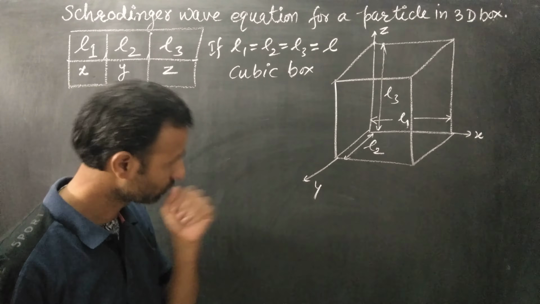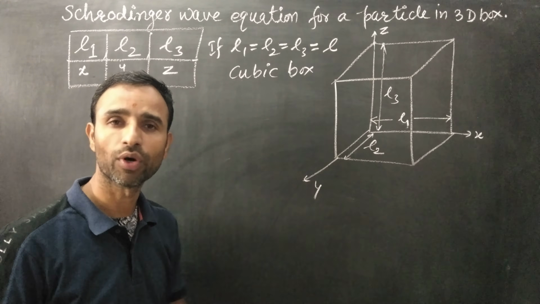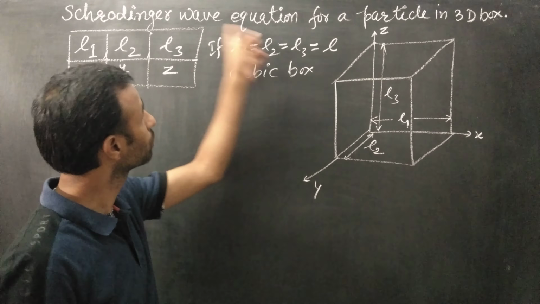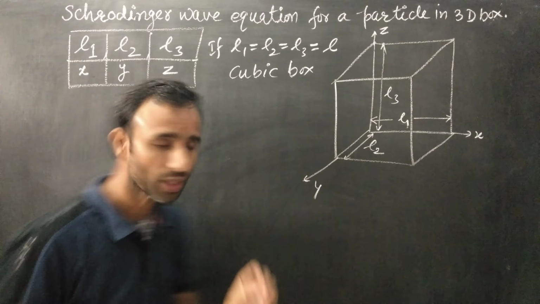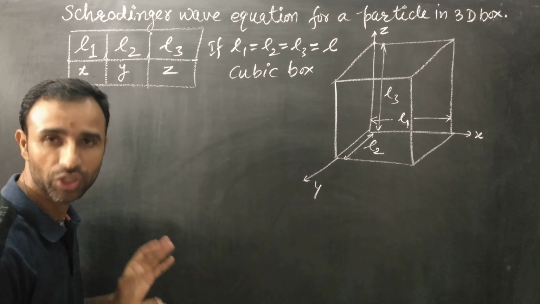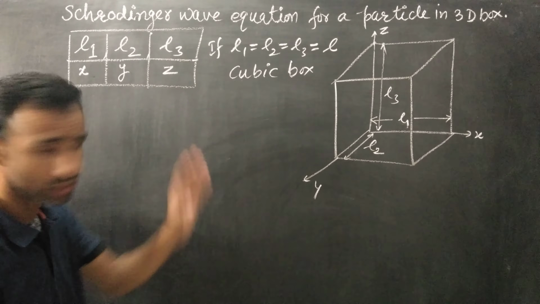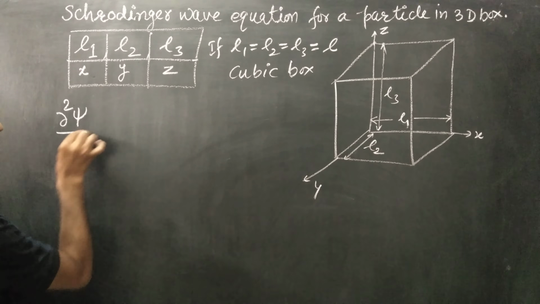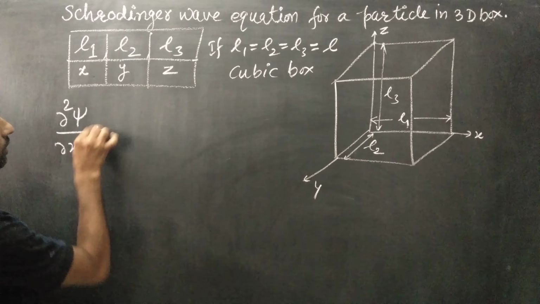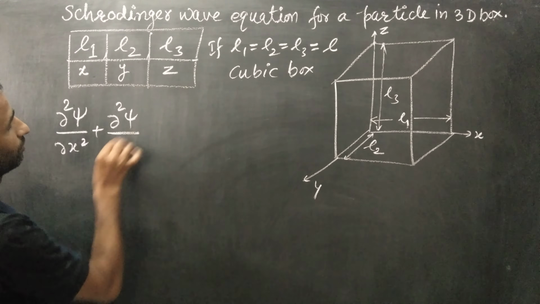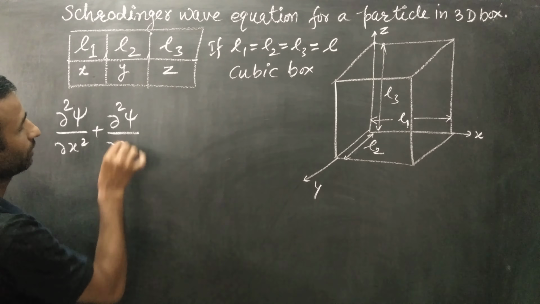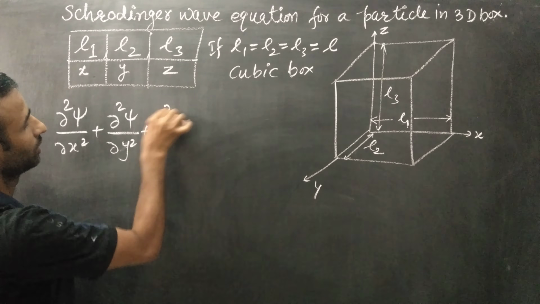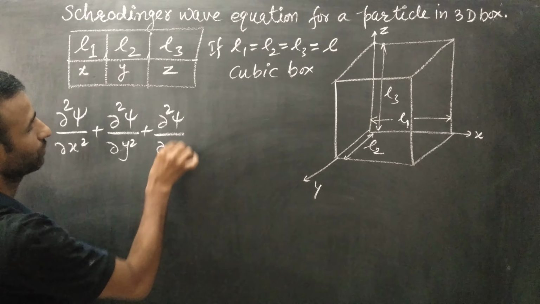First, just write the Schrodinger wave equation in 3D. If a particle is in a 3D box, then its Schrodinger wave equation is del square psi over del x square plus del square psi over del y square plus del square psi over del z square.